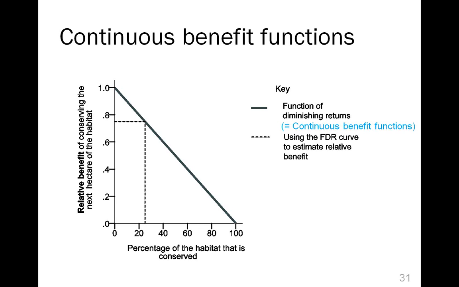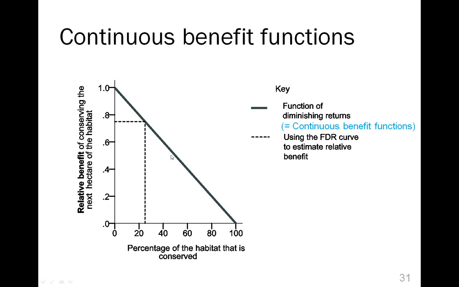And the left axis is the relative benefit of conserving the next hectare of that habitat. Now, this continuous benefit function is kind of a new way of looking at things. It's continuous. So here, 25% of this habitat's been conserved, and according to this function, the relative benefit is 0.75. And it slides on down as we go.